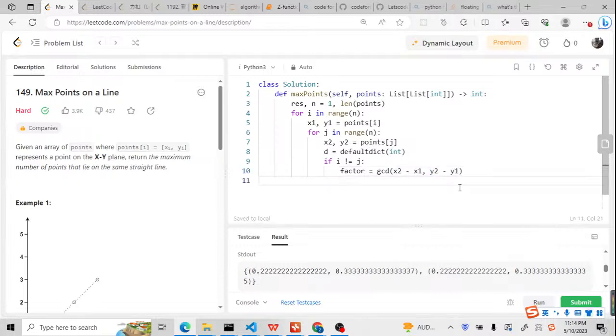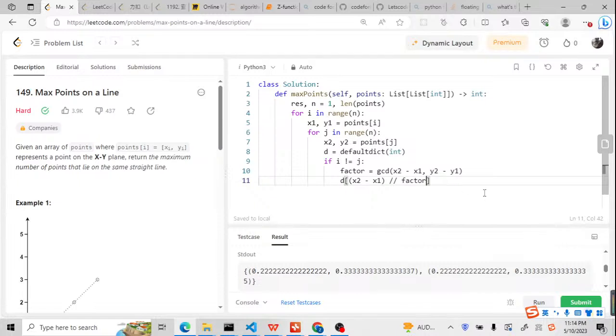Now we can put it inside the result. So it should be d with x2 minus x1 divided by the factor.